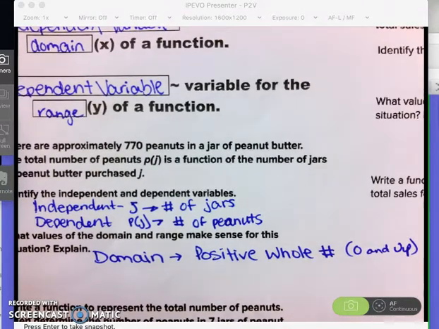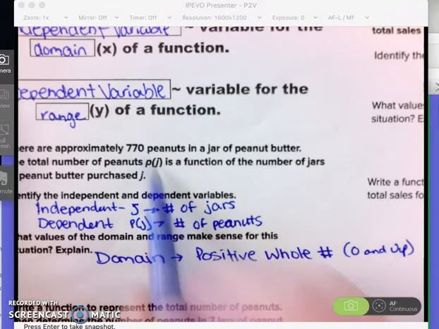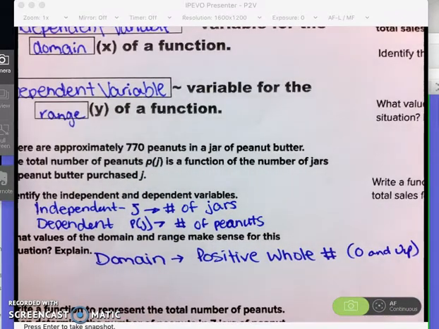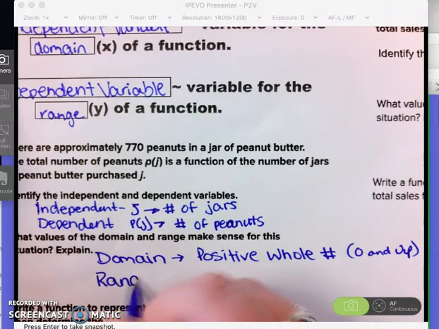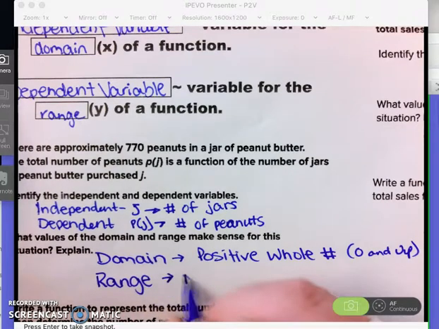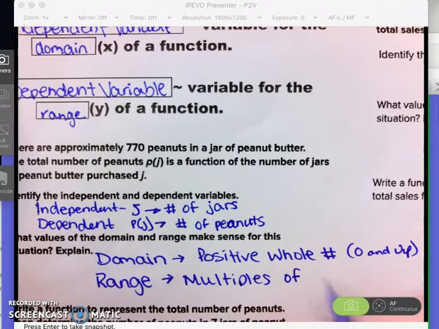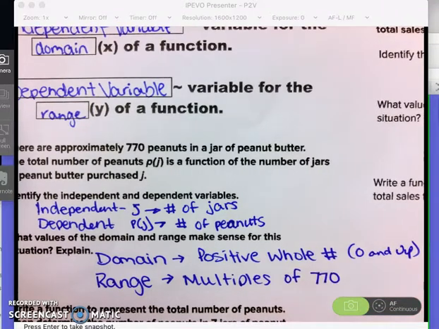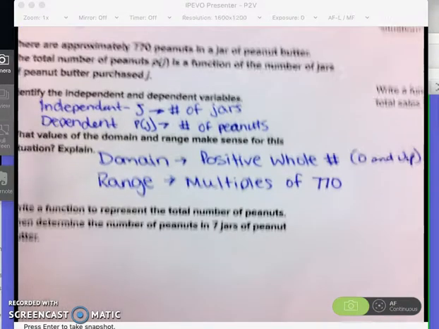And then the range, if you put 1 into this equation, 770 times 1 is going to be 770. 770 times 2, think about that. So our range has got to be multiples of that 770.